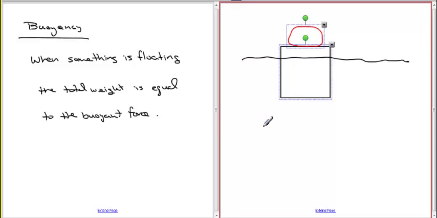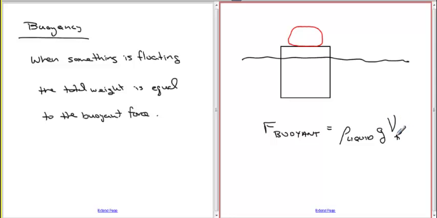So remember, the buoyant force is equal to the weight of the fluid displaced, which is the density of the liquid, in this case whatever we're displacing, times the acceleration due to gravity, times the volume displaced.